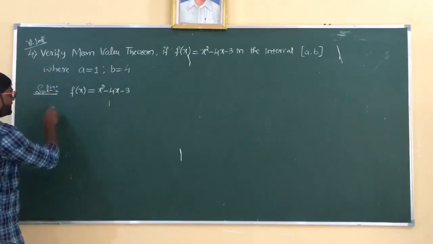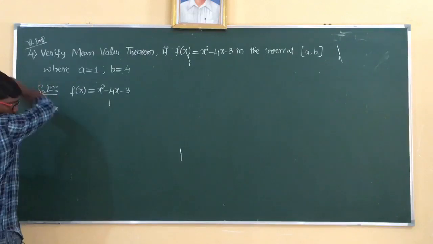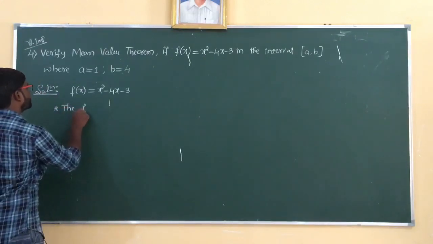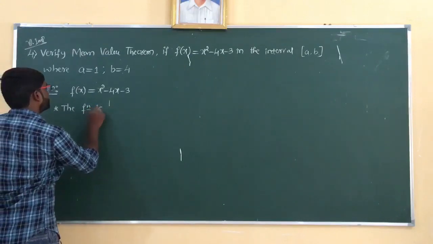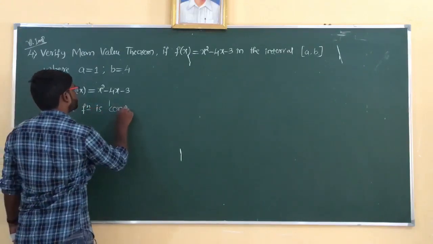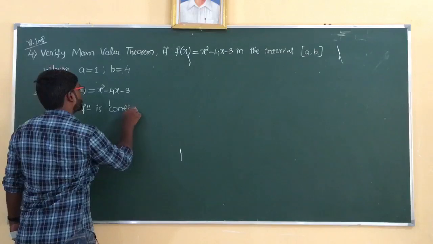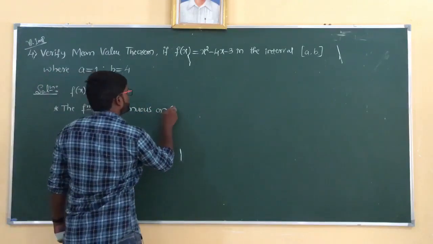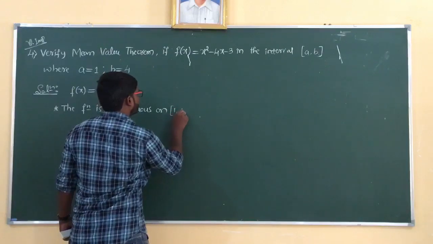Then the first point: the function is continuous on closed interval 1 comma 4.